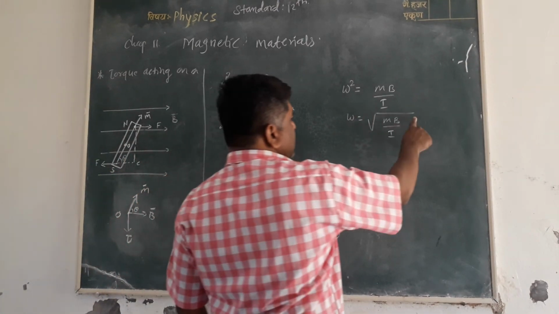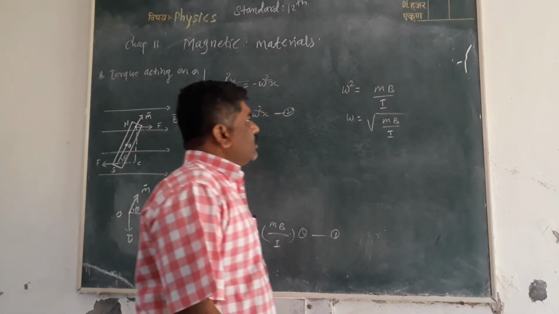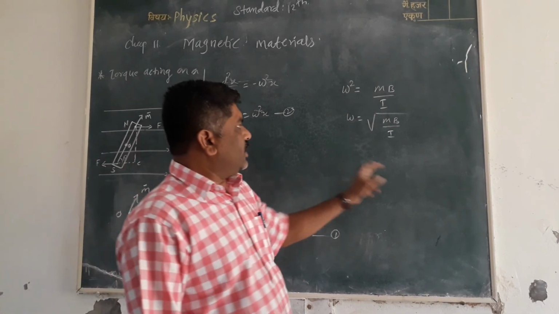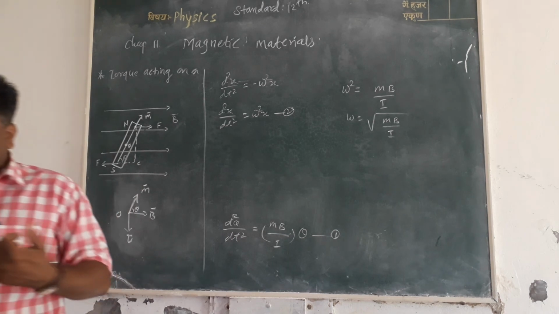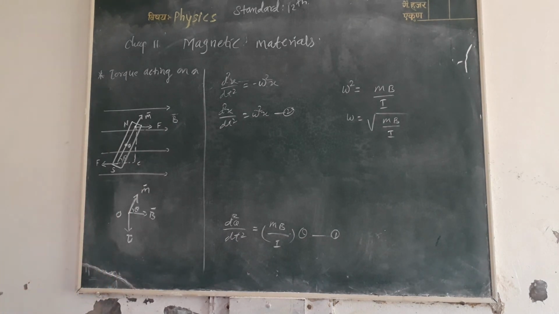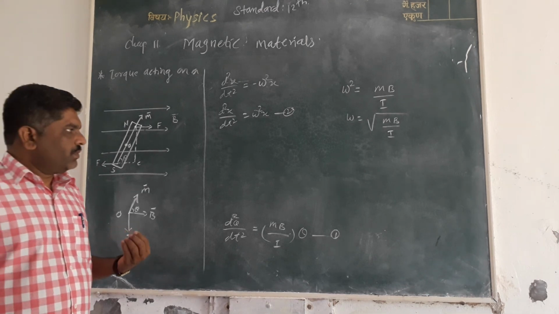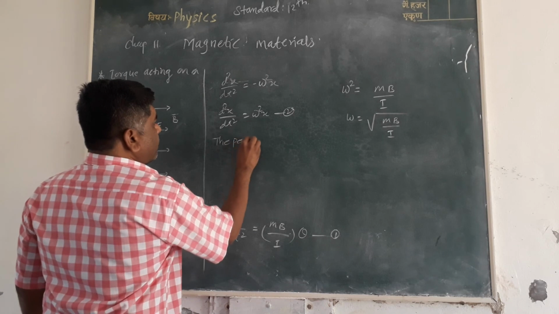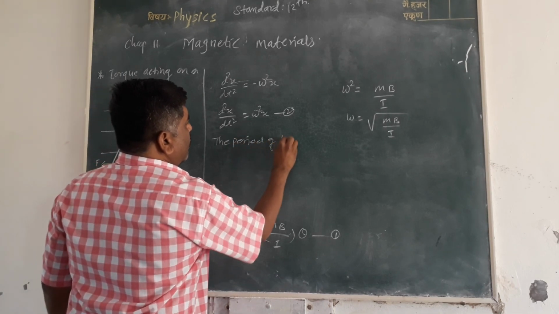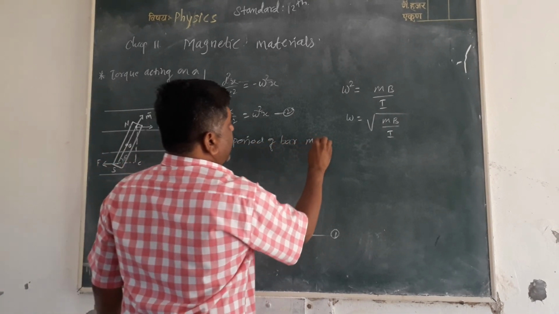Using this angular velocity, we calculate the period of the bar magnet.